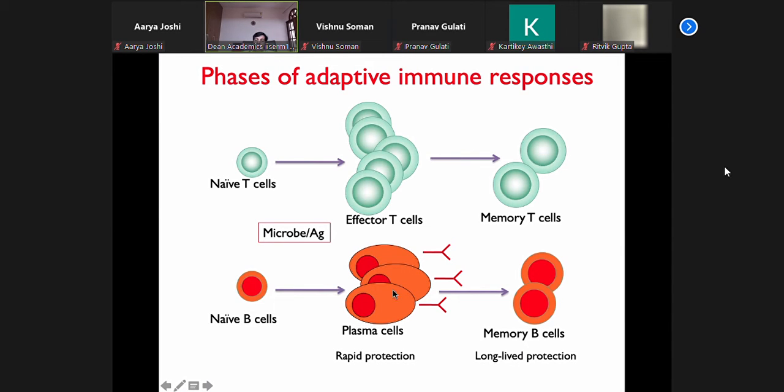And the same is the case with antibody-forming cells. Memory B cells form antibodies much more efficiently than naive cells. The only difference is that naive cells have not really seen antigen in the right context, but memory B cells were generated after seeing the antigen. So that is, by definition, why we call them memory cells. Okay, they can remember the presence of that antigen.